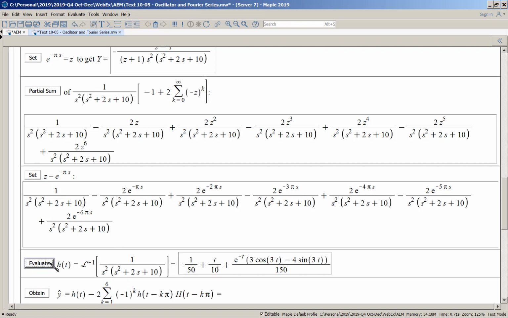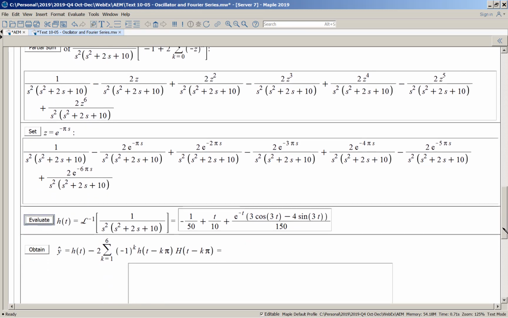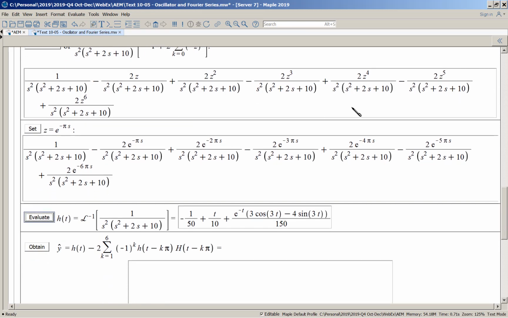So what is this function? Well, it's more than one term, but it's not impossible to obtain. And so the inverse of this expression, this partial sum, is going to be h of t, that's from here.